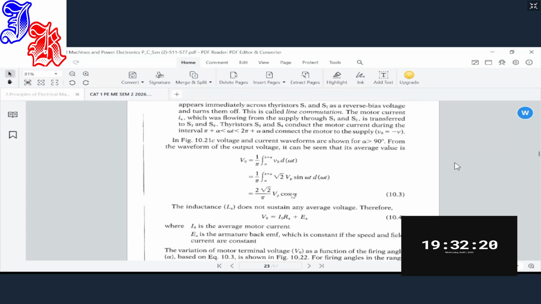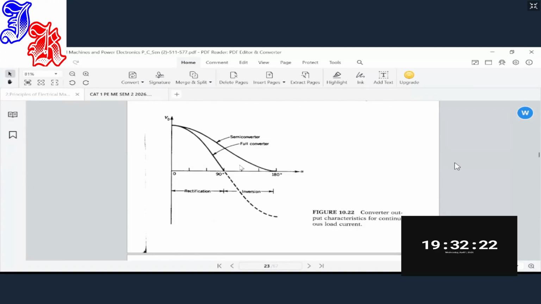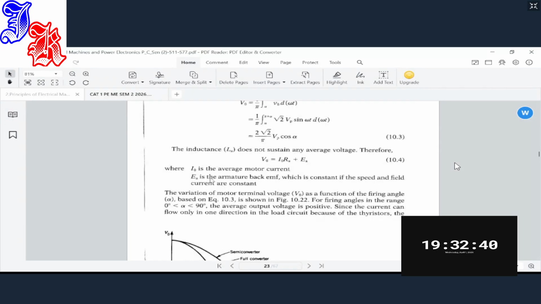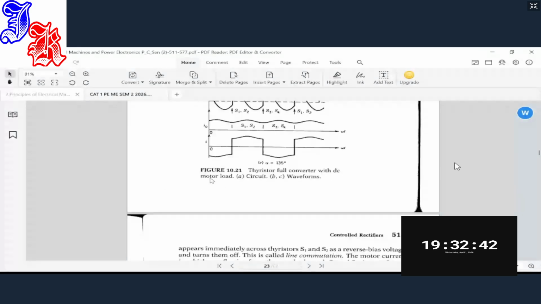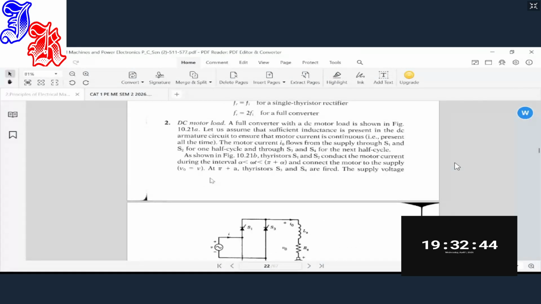And we also say whenever it's generating, it is more of inversion, we say it has been inverted. It's no longer rectification, but below 90 we say it is rectification. So again, we can say for the inversion, this is normally used for regenerative braking.